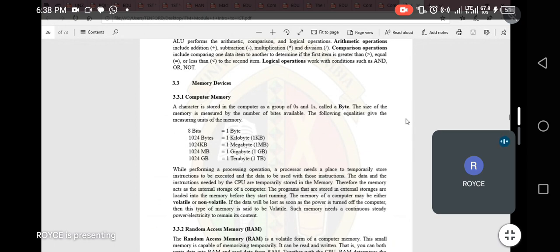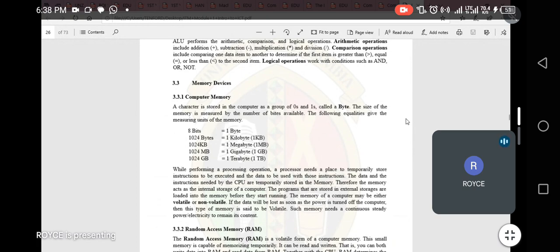If you enter A, it is going to be represented using zeros and ones. If you enter 2, 2 is also going to be represented using zeros and ones.